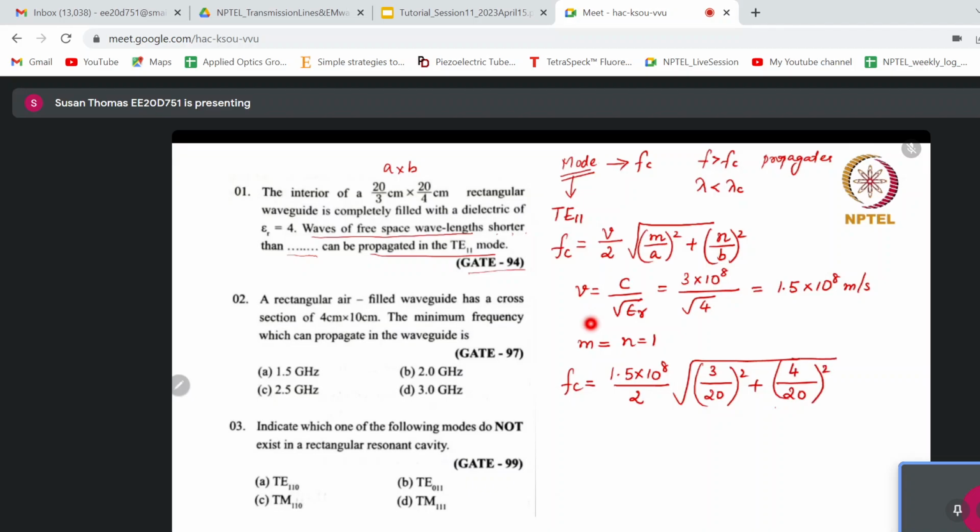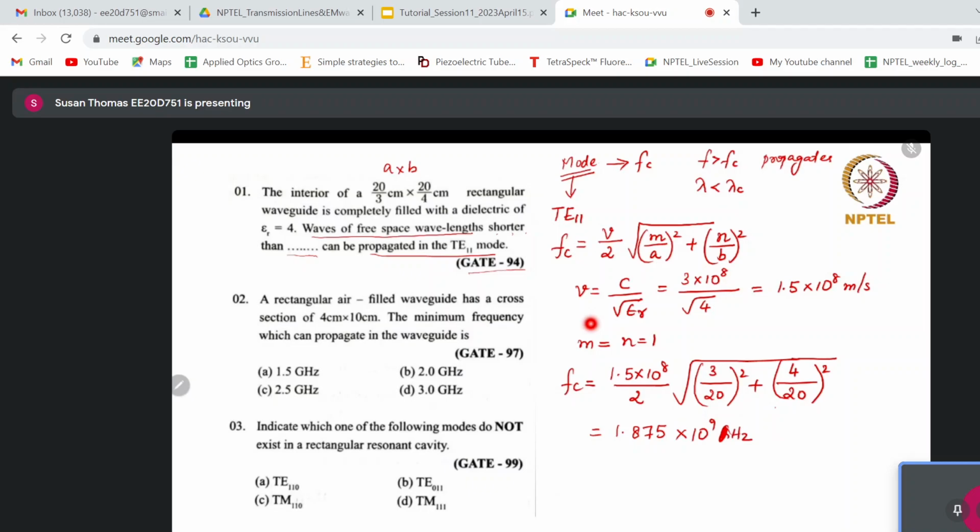Once you simplify this, you get the cutoff frequency. If you calculate, you get 1.875 into 10 power 9 hertz, or 1.875 gigahertz.